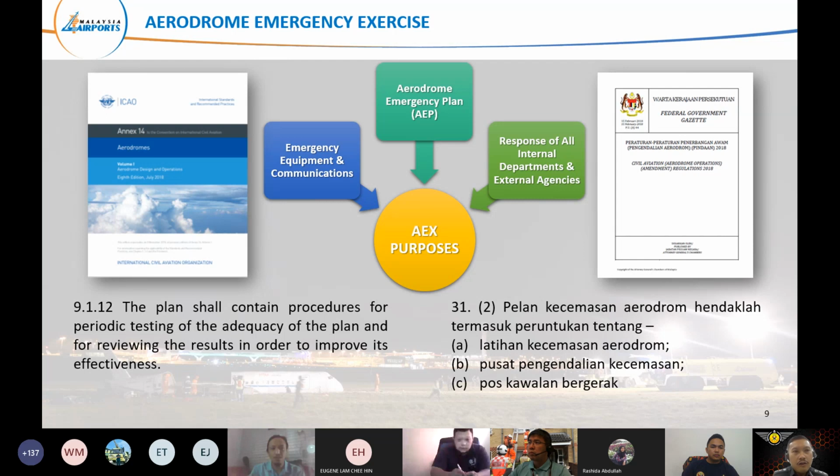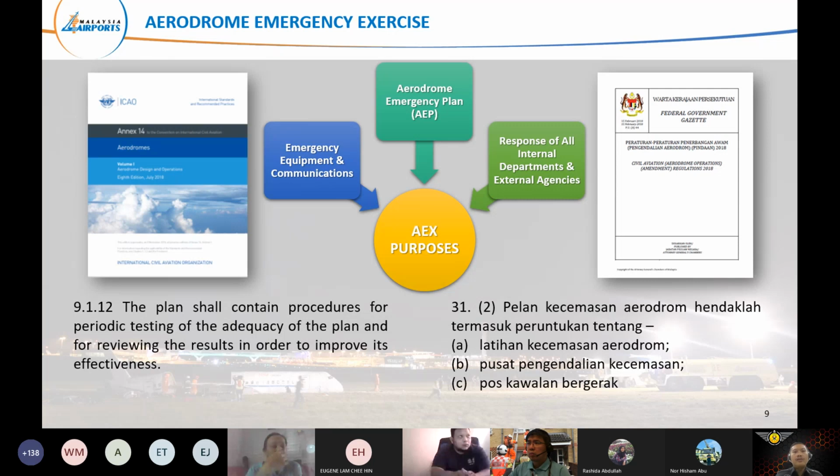So what is the purpose of aerodrome emergency exercise, or EAX? It is definitely to test the aerodrome emergency plan, and any emergency plan shall be tested to ensure the effectiveness of the plan. So it's a living document. It shall be tested accordingly and timely.